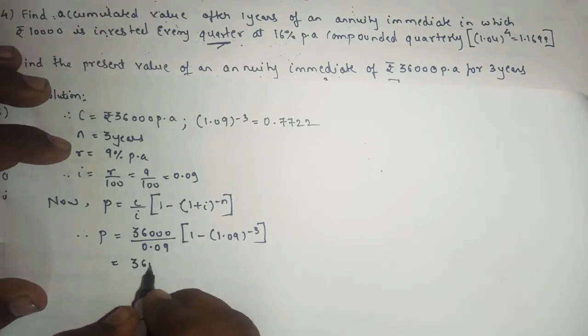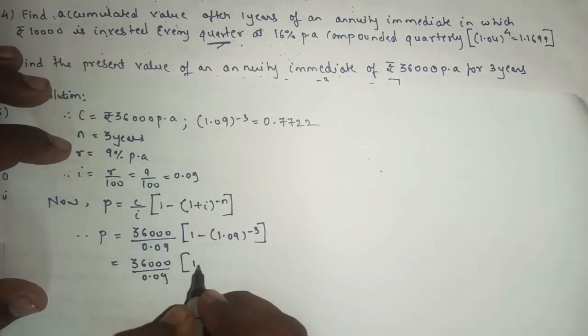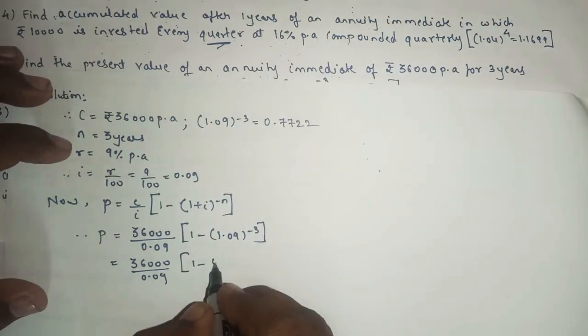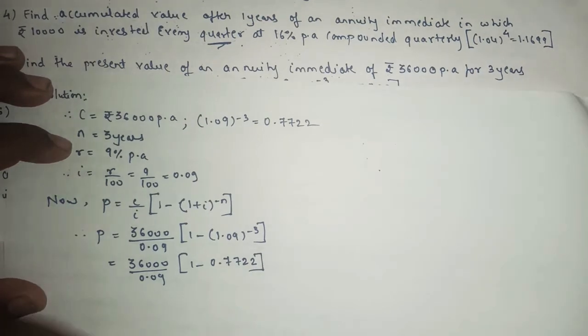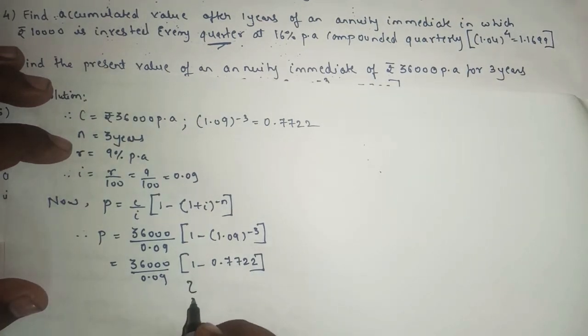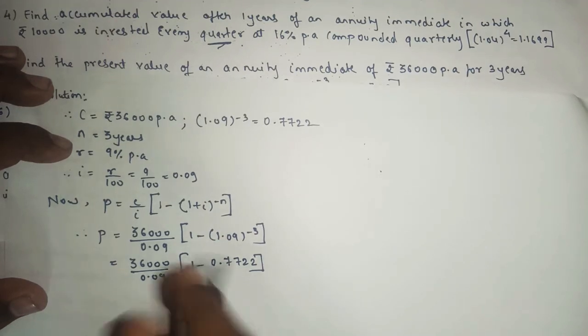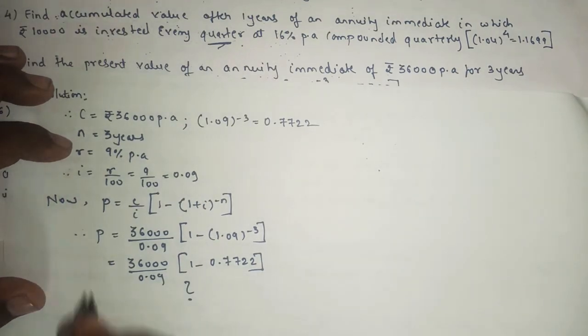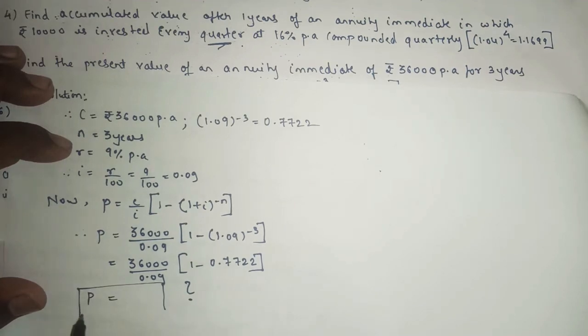So 36,000 upon 0.09, 1 minus, here we have the ready-made value, that is 0.7722. Again the rest is the same: remove this decimal and then multiply. I guess you can try the rest of the calculation by yourself.